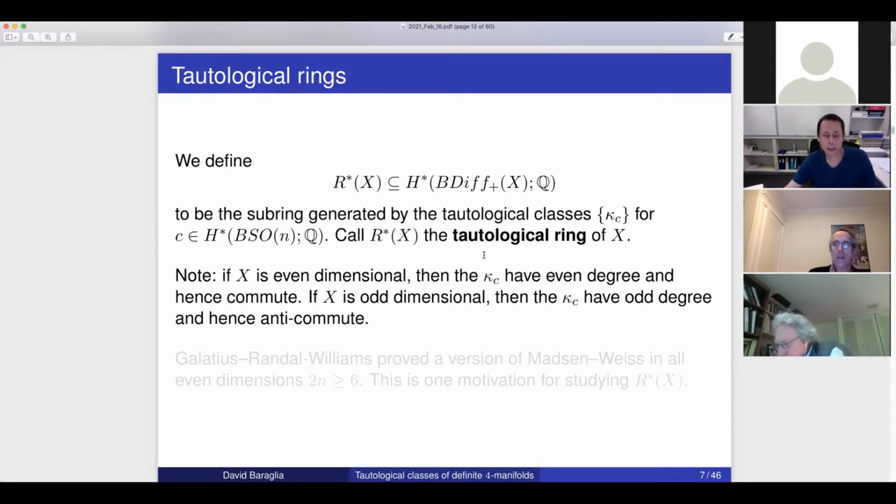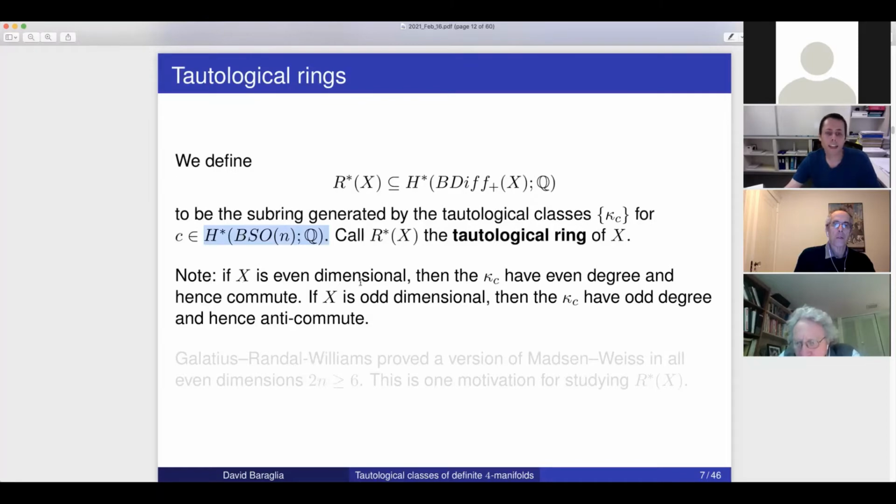So when we look at tautological classes, there's a very big difference between what happens if the fibers are even dimensional or odd dimensional, because all the cohomology of BSO is concentrated in even degrees. So these classes are always even.